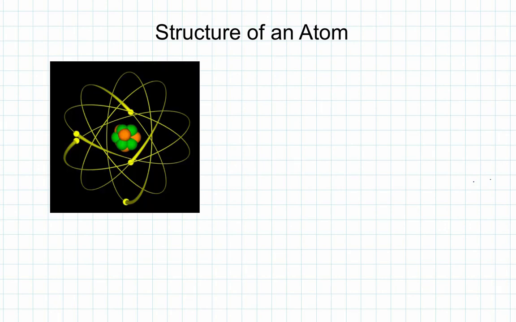This diagram represents the structure of an atom. As indicated by the diagram, an atom consists of a central nucleus. And around the nucleus, it is composed of empty space which is known as orbitals, shells, or energy levels.